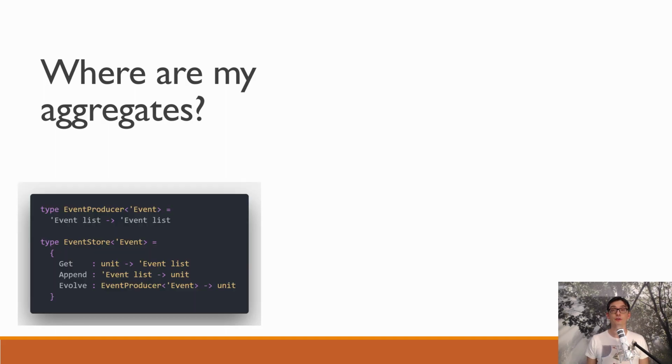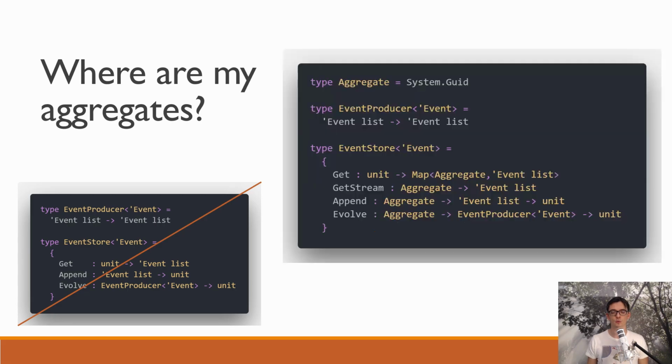So how does this look then? This is our old event store, and in here we see no information about different aggregates at all. This is what we're going to change now. We scratch this. We're not going to implement a whole new event store, but we add some information into our new event store. We see that we define a new type alias called Aggregate, which is an alias just for a UUID or a GUID.